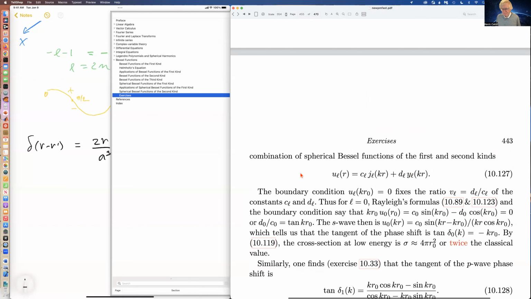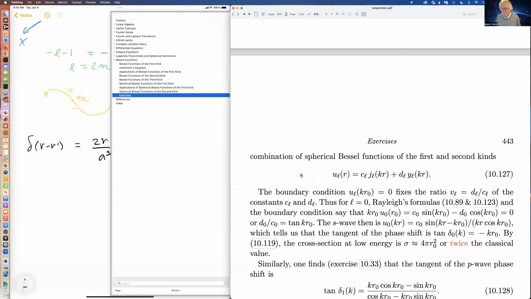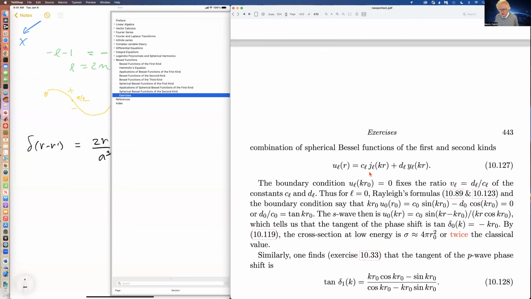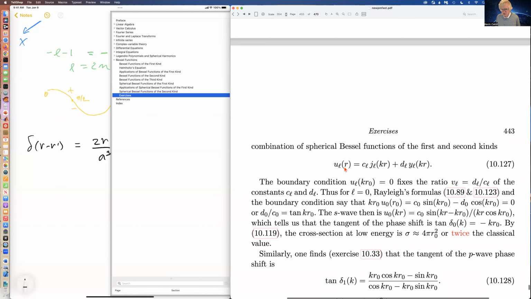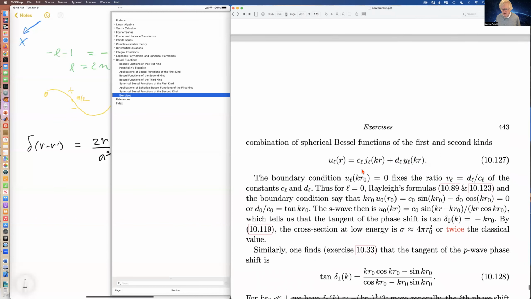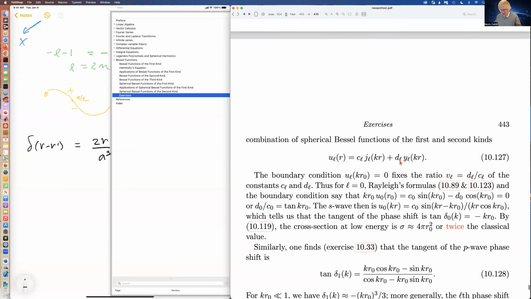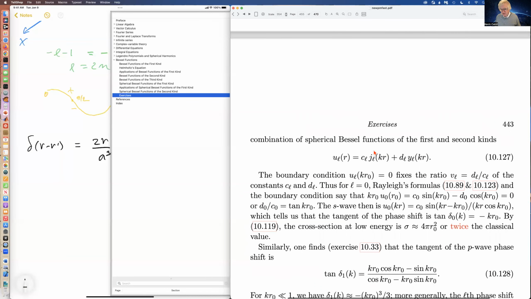And then since it's a hard sphere, when R is equal to the radius of the sphere, the function U has to vanish. And so that sets what the ratio of these two coefficients are, CL and DL, because this linear combination has to vanish when R is equal to R0.